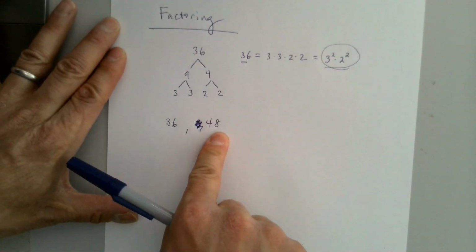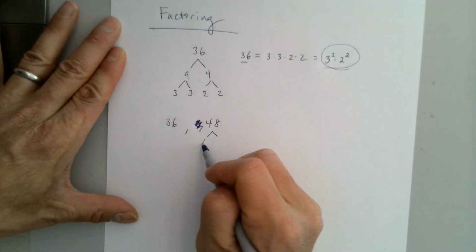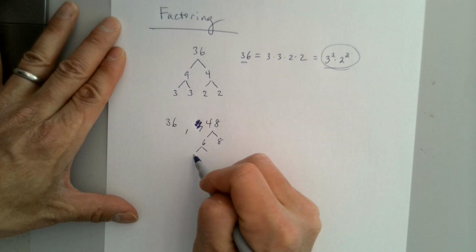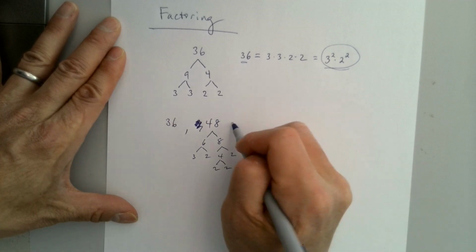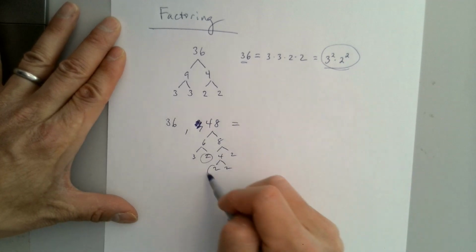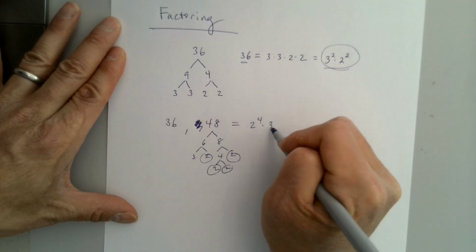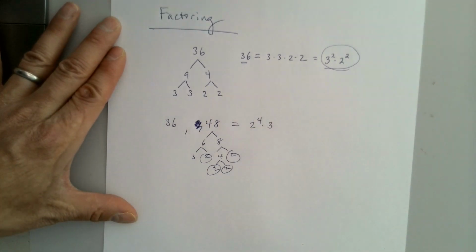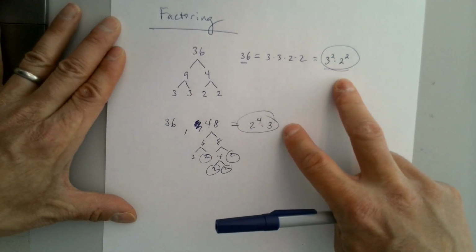Now I haven't factored 48 yet, so let's do that now. 48, 6 times 8, I can keep going. 6 is 3 times 2, and 8 is 4 times 2, I can keep going. So 48 is 2 to the 4th times 3. That's its DNA. Now let's look at these two different DNAs.